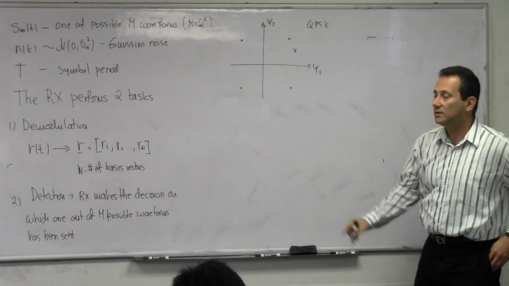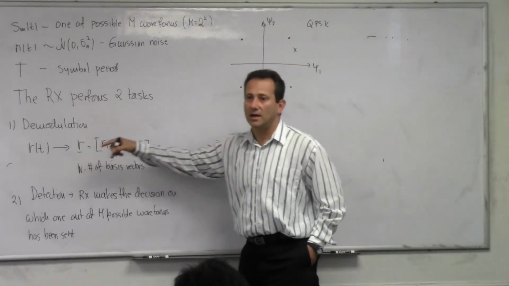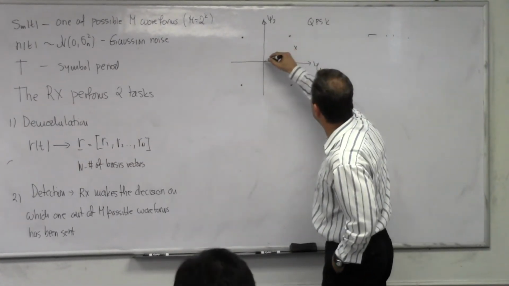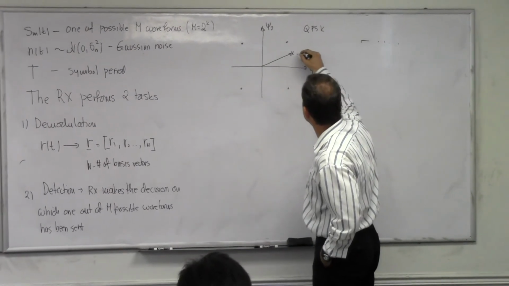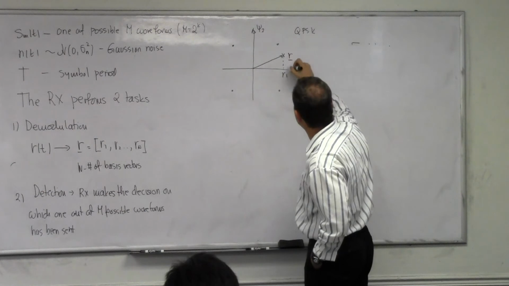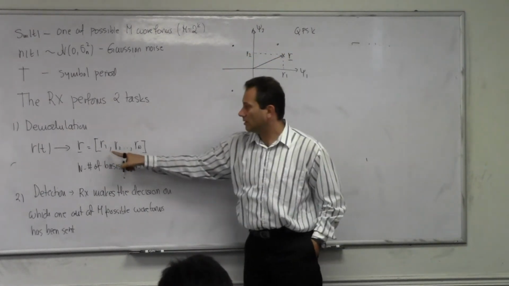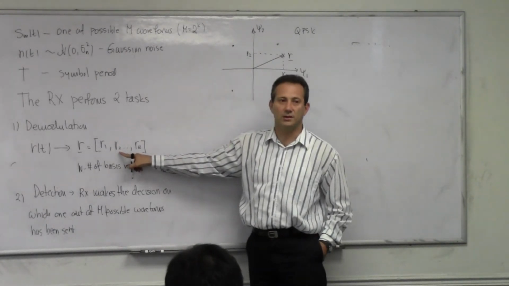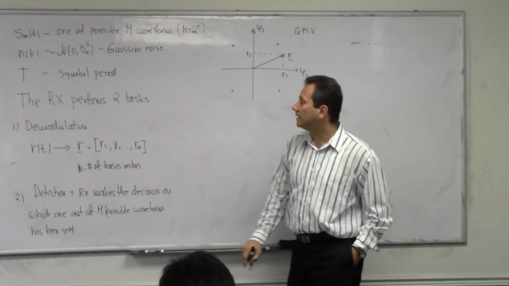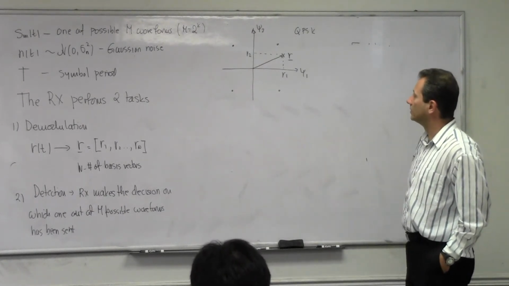How did this point get here? Well, the receiver actually received R of t, and then it translated this into a point in space. So this is my vector R. R has two components, R1 and R2, which are these two coordinates that I have in my vector there.